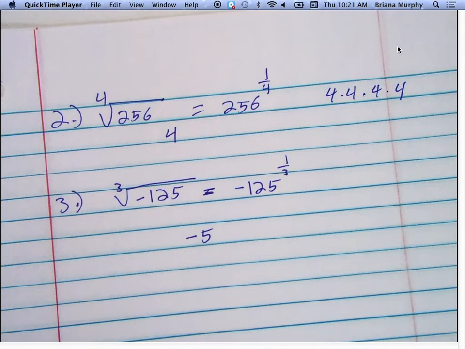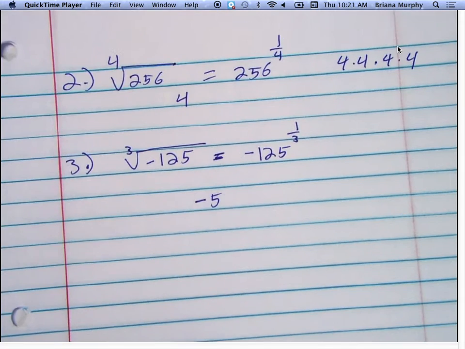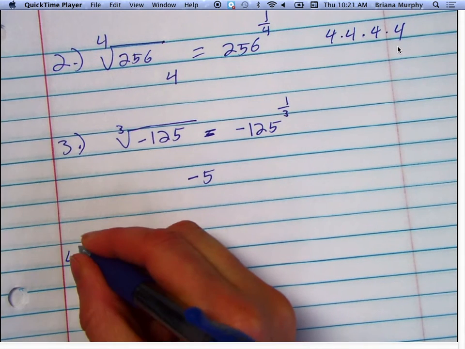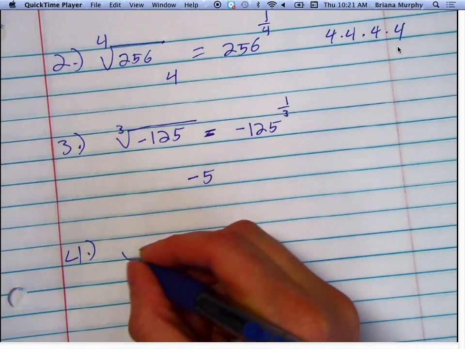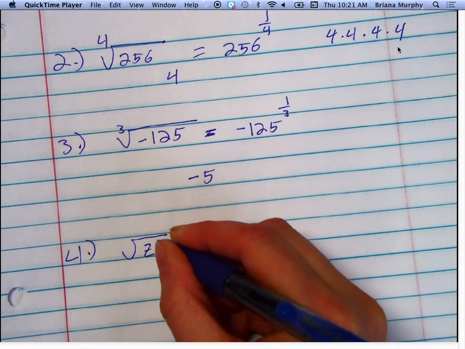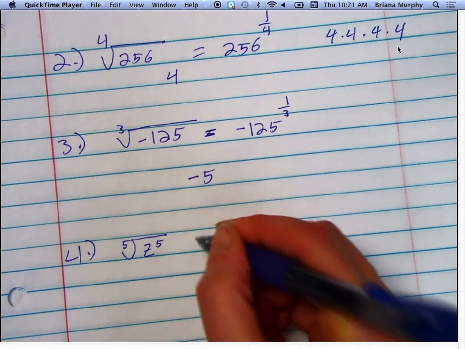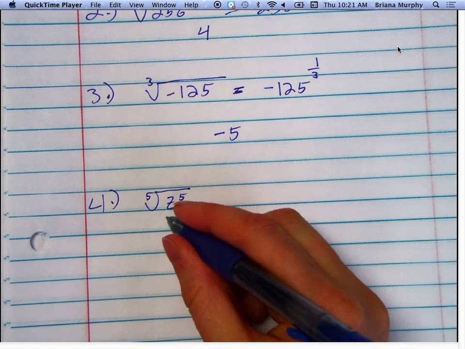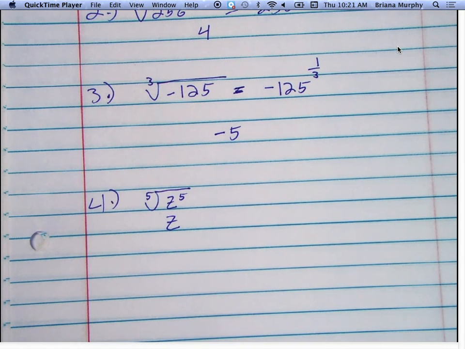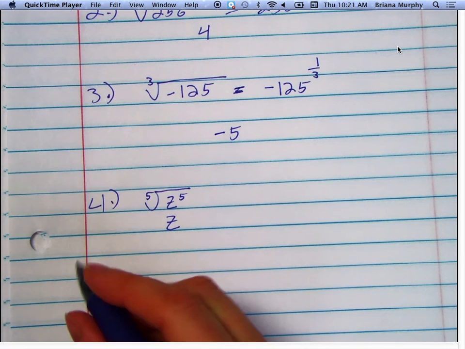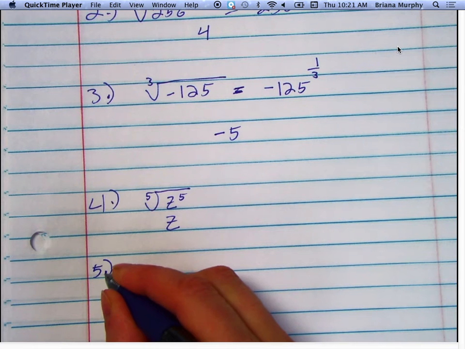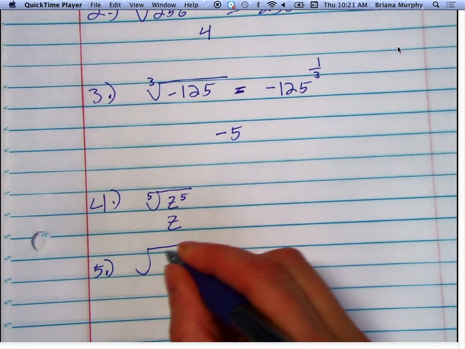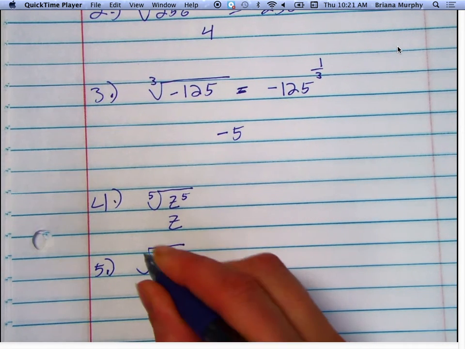Okay, let's try this with letters. Numbers are fine. All right, we've got z to the 5th, and I'm 5th rooting it. What's my answer? Z. Done. Okay. What if I had a fraction? So I had 27 over 8, but I'm cube rooting it.